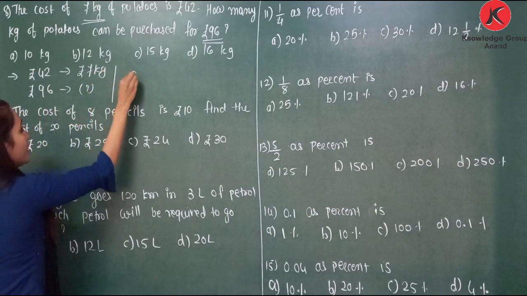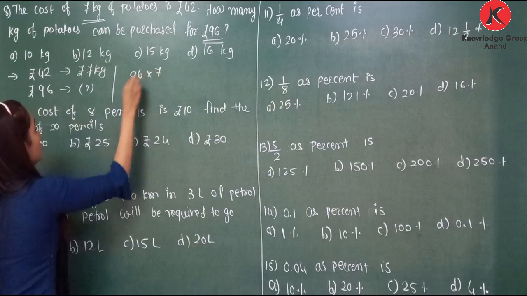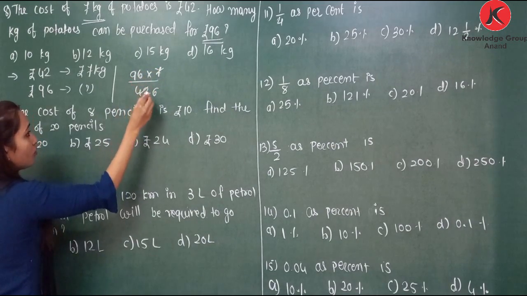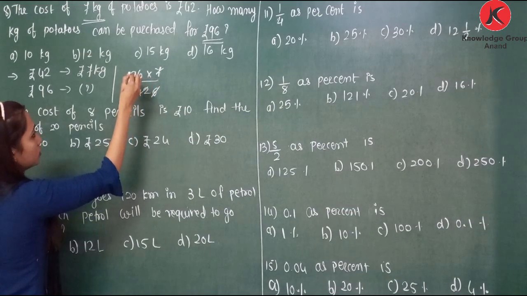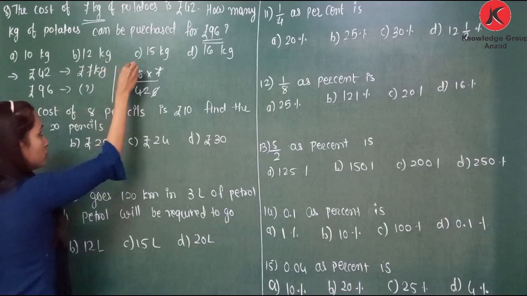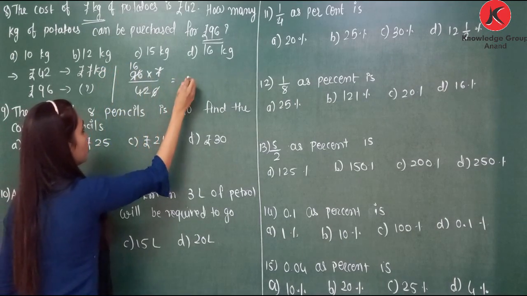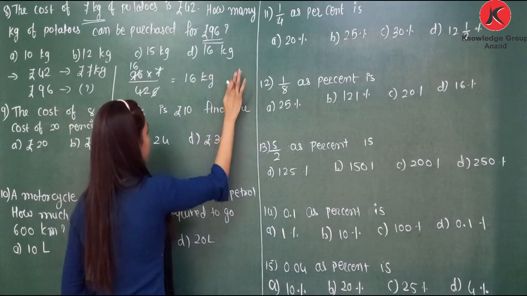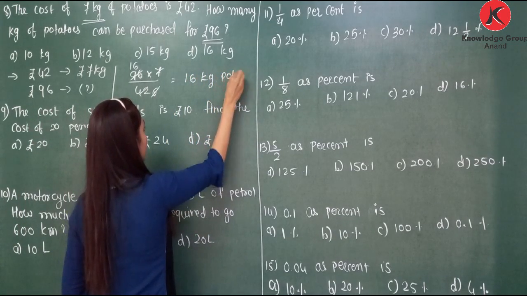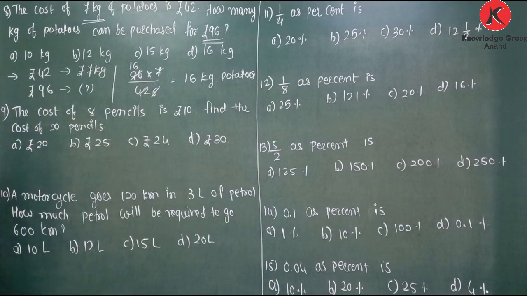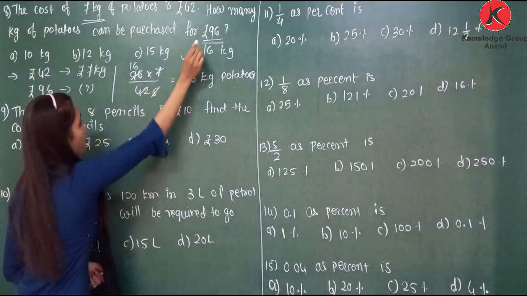Now cross multiply. 96 multiply 7 divide 42. 7 6 are... so it is 16 kg of potatoes can be bought. Now next one, so that is option D.